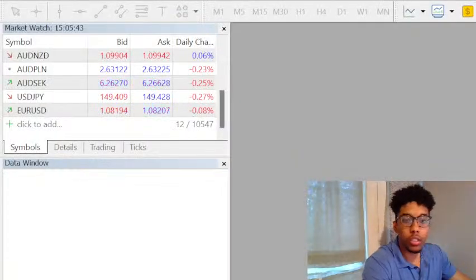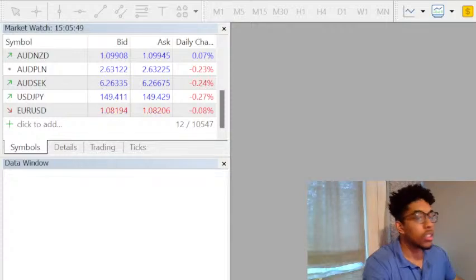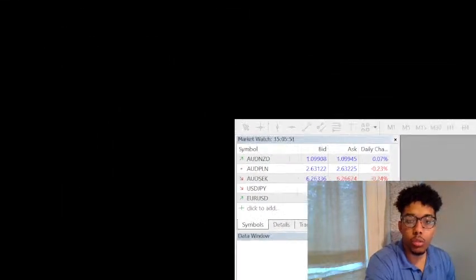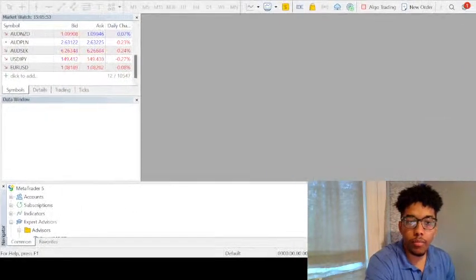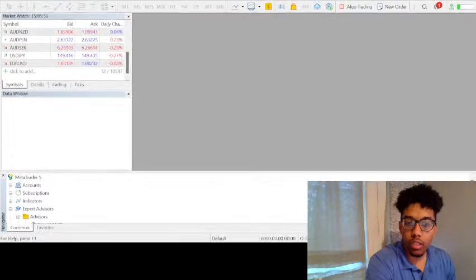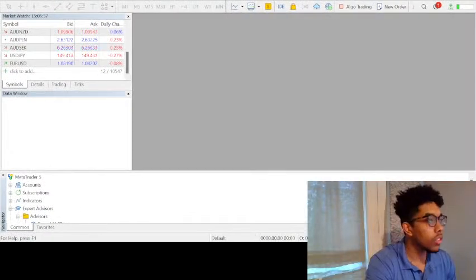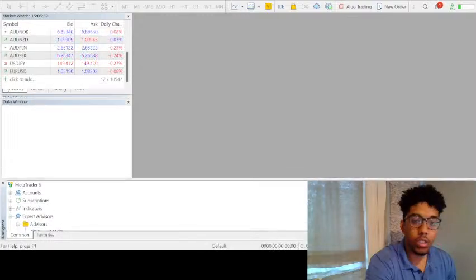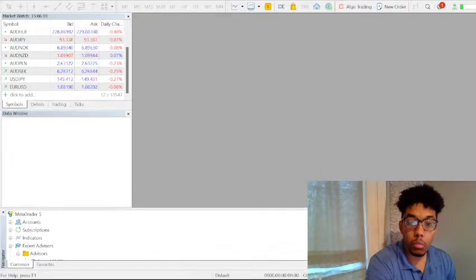Okay, so let me set up the OBS here. That's my MetaTrader window, and what I'll do is fit this into the output and bring it down.